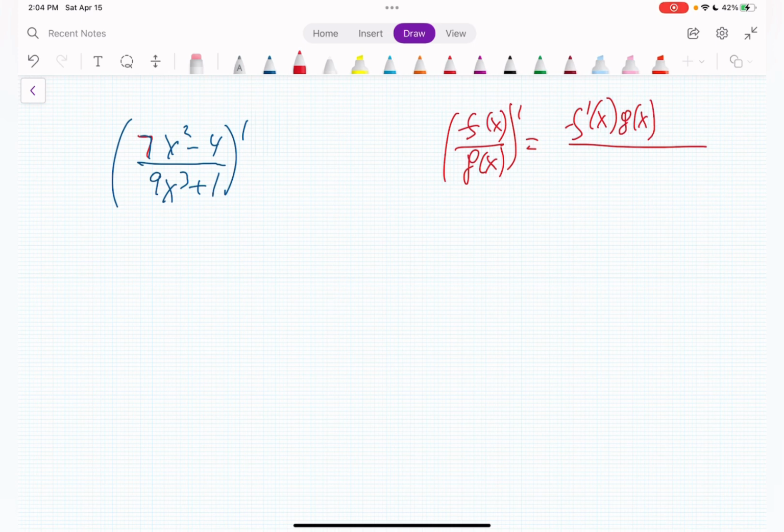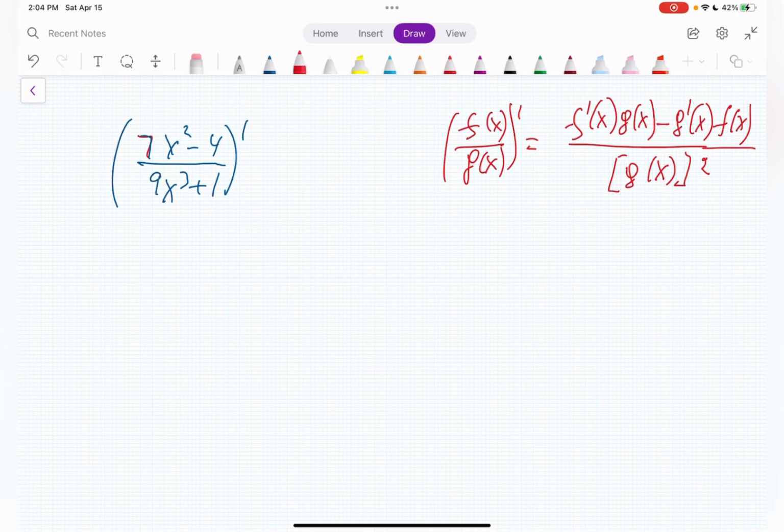You can't put g of x prime times f of x first. First has to be f prime of x. Okay? Minus g prime of x times f of x. And we divide by g of x squared.